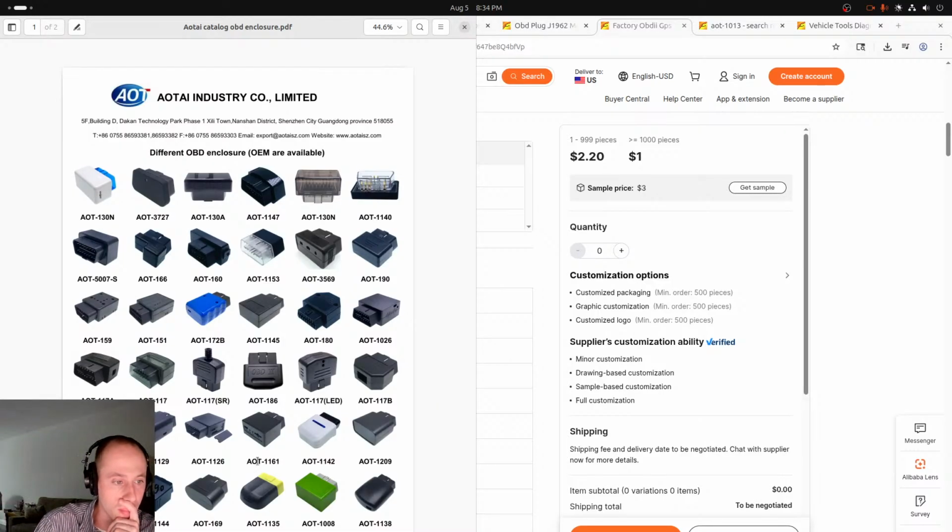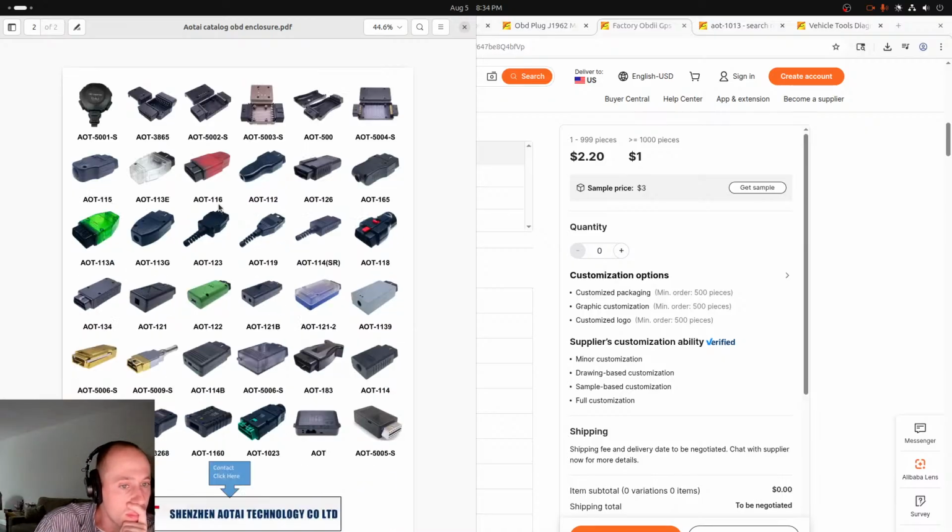Hmm. AOT 121. It's not that long, is it? I think it's probably going to be more like this. I don't see the exact one, the AOT 121A.